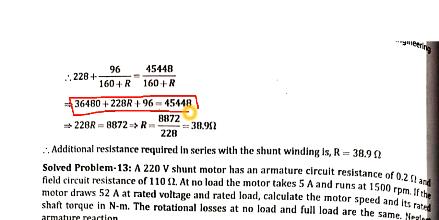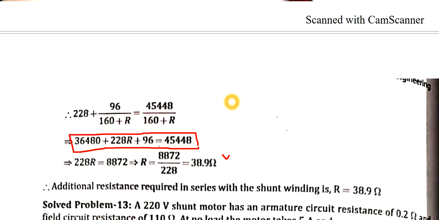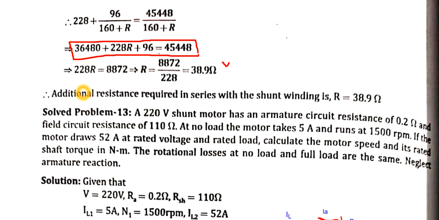You just cross multiply, and you will get the unknown resistance R as given here. So if you observe, what is this extra resistance R that has to be added in series with the shunt winding? It is 38.9 ohms, which is asked in the question. So the additional resistance required in series with the shunt winding is R equal to 38.9 ohms.